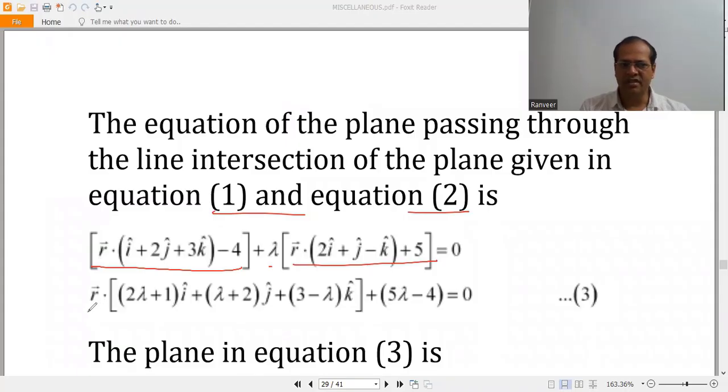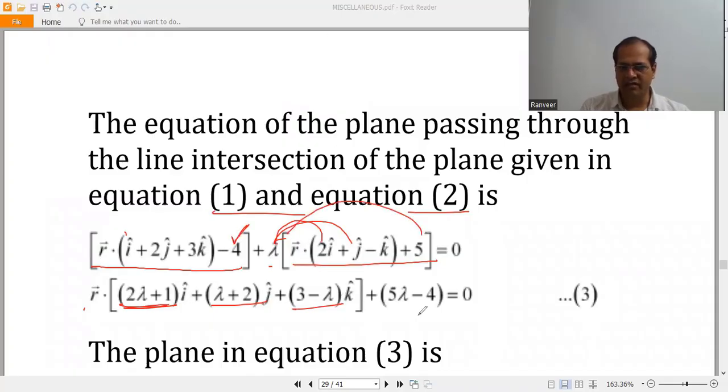After that, the same process: we arrange r dot. Here we can write 2 lambda and here 1, so 1 plus 2 lambda plus 1. Similarly here lambda into 1, so lambda plus 2. Similarly 3 minus lambda. And after that, this is the constant value, and this is 5 lambda.